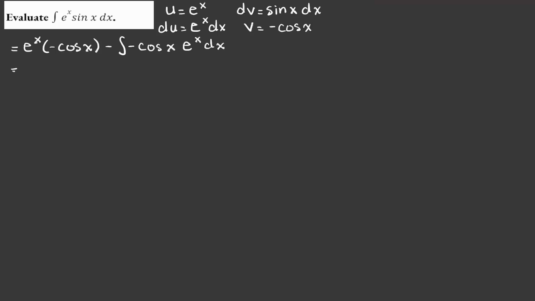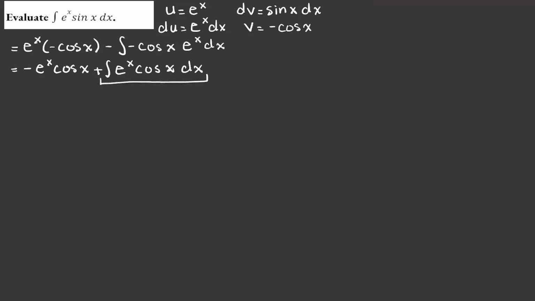Now here, since multiplication is commutative, I can rewrite this function as negative e to the x cosine of x, and any constant inside the integral I can just pull out. So I will pull out the negative to the outside, giving me plus the integral of e to the x cosine of x dx. Now here I have to reapply the integration by parts again.